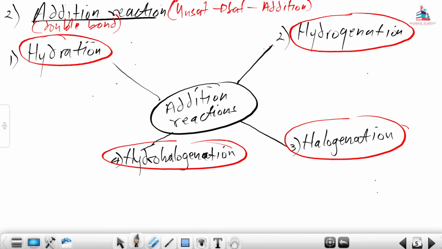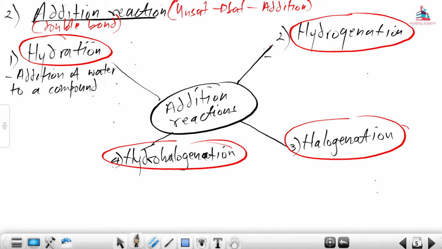So explaining each one of them, hydration, we'll start by saying is the addition of water to a compound. So addition of water.